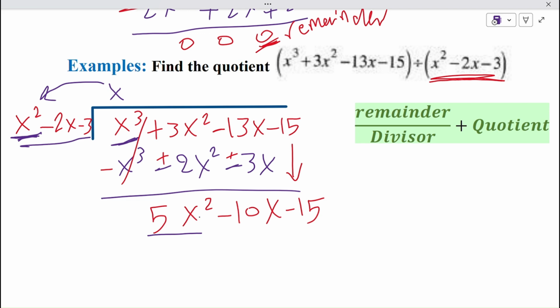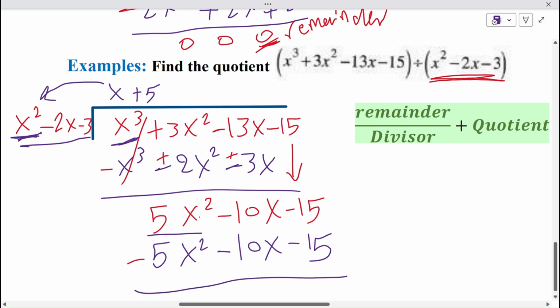5x to power 2 divided by x to power 2 is equal to just plus 5, and 5 times x to power 2 is equal to 5x to power 2, and again 5 times minus 2x is equal to minus 10x, and 5 times minus 3 is equal to minus 15.